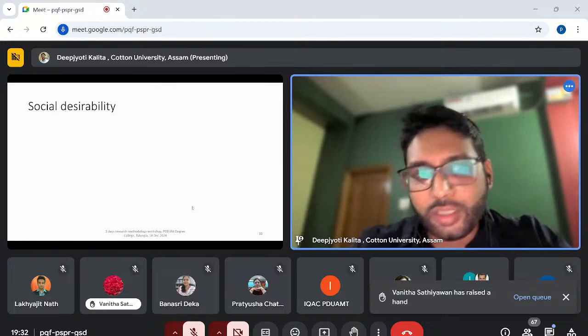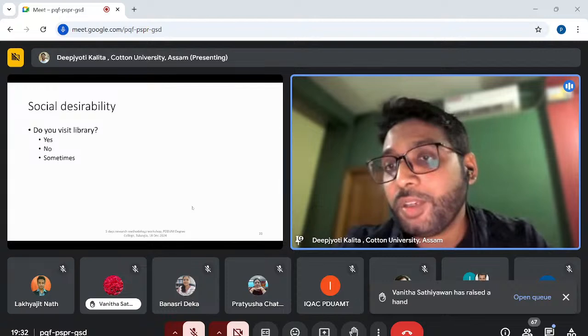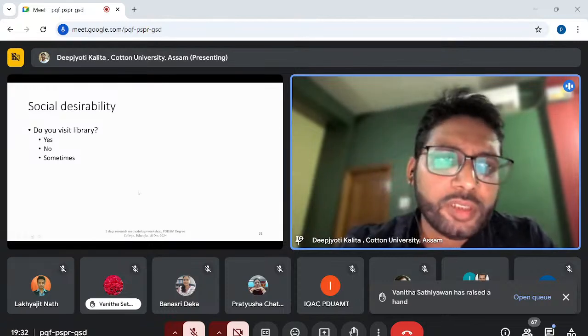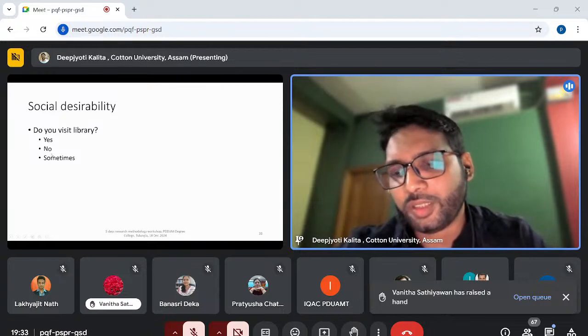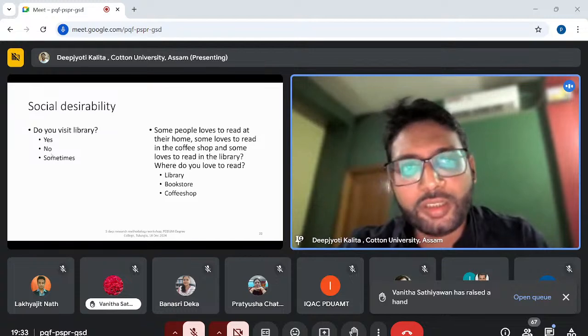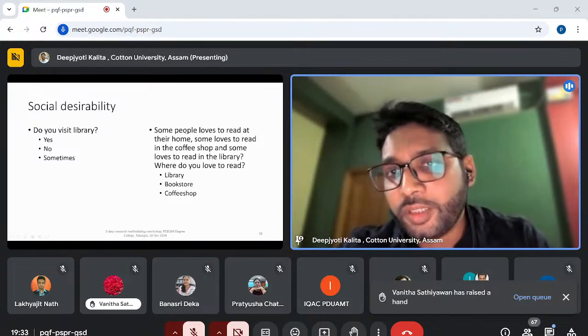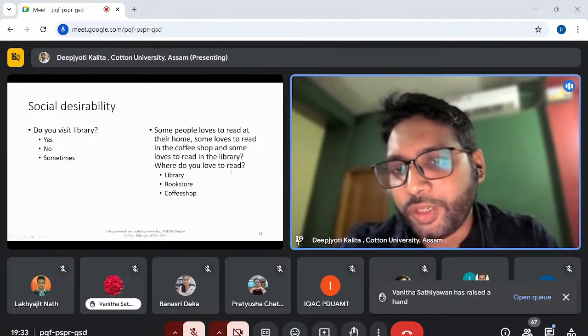For example, you are asking people directly, do you visit the library? Yes, visiting the library is a good thing for our academia, so you may put yes. Or no will be very less if you ask it to academicians. The same question you may ask in a very different, interesting way. For example, some people love to read at their home, some people love to read in a coffee shop, and some people love to read in the library. Who do you love to read?